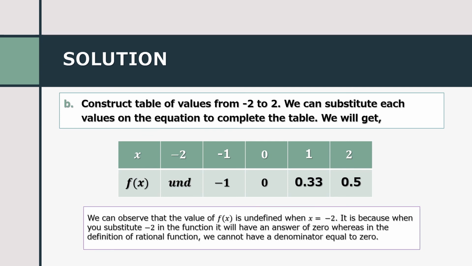So we can observe that the value of f of x is undefined when x is negative 2. It is because when you substitute negative 2 in the function, the denominator will be 0, whereas in the definition of rational function, we cannot have a denominator equal to 0.